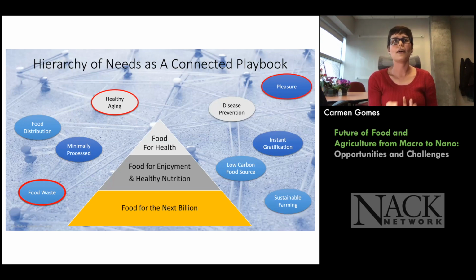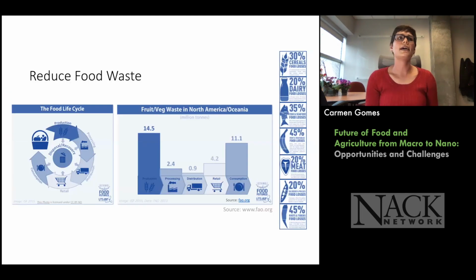Also, I will talk about healthy aging and food for pleasure. So by breaking it down into small chunks, we can tackle these problems with different approaches and hopefully come up with a solution. The problem of food waste is a major factor to this day in both developing and developed countries.